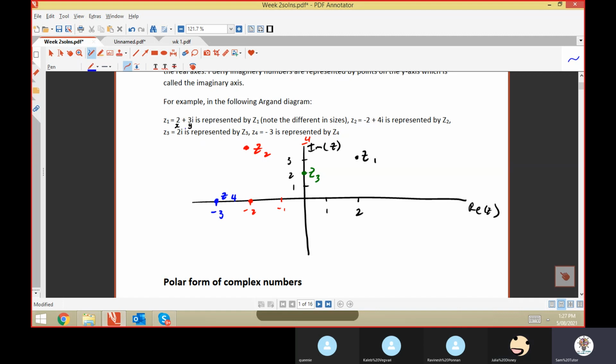Yes. Otherwise, up to today, the way you've plotted these, it's looked like this. And that, again, tells you this is your X, this is your Y. So we need a similar system for complex numbers. And it's exactly the i.